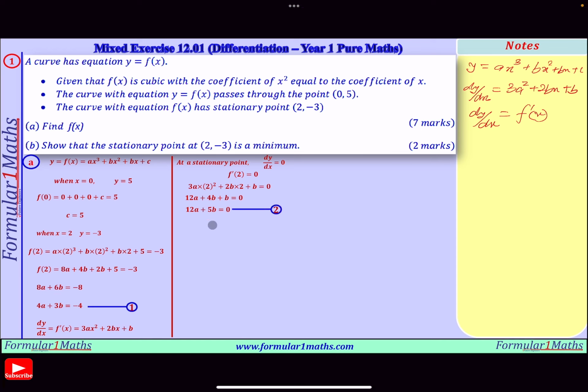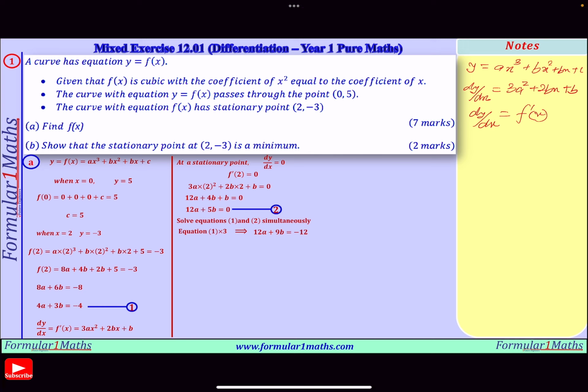We've got equation 1 and equation 2, two linear equations with two unknowns. So we solve the two equations simultaneously by multiplying equation 1 by 3 to obtain 12a plus 9b is equal to -12.